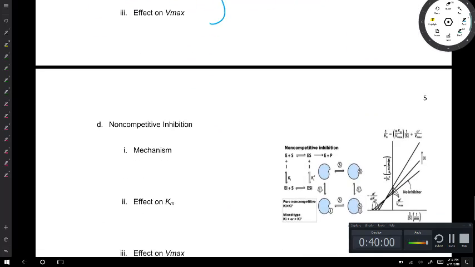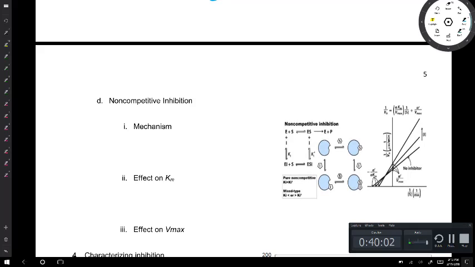And then the last type that we're going to talk about is non-competitive inhibition. That's where the inhibitor can either bind the enzyme alone or it can bind the enzyme substrate complex.